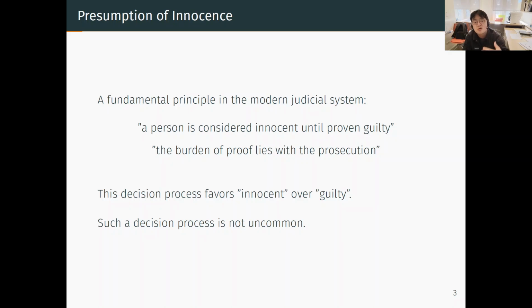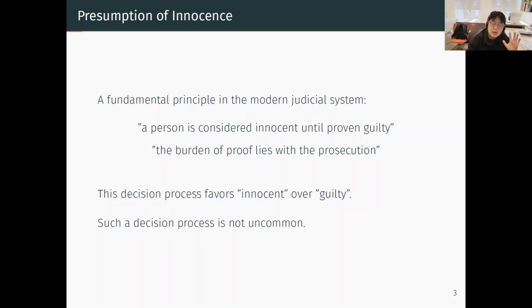So the prosecutor must prove my guilt. That's the prosecutor's burden. I don't have any burden to prove my innocence, right? You do not doubt it. It's so natural these days as a basic legal decision making process.